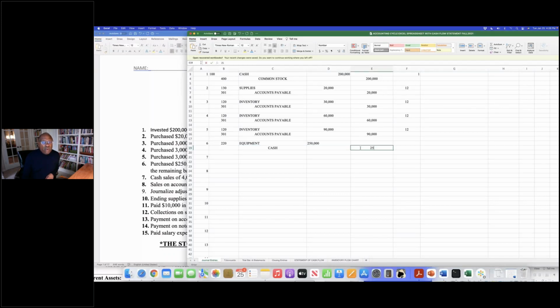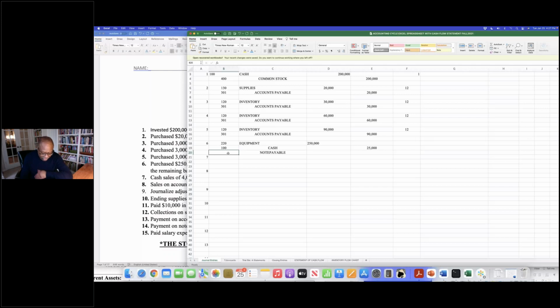And we signed a note for the balance, which is what? 225,000. Okay, so what's the account number for cash? 100. Note payable? 350.